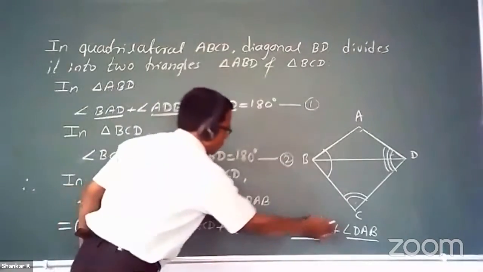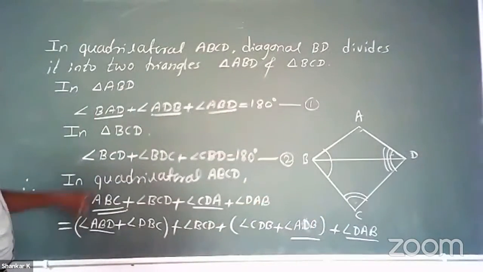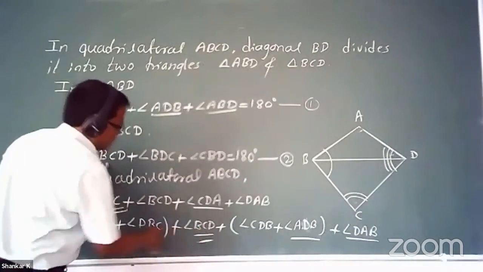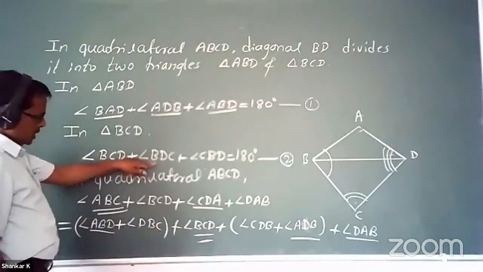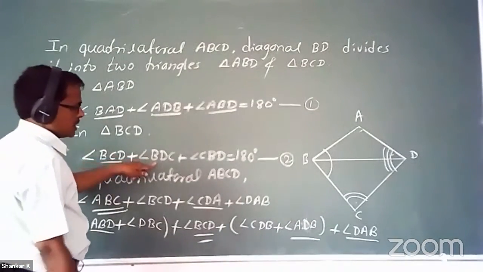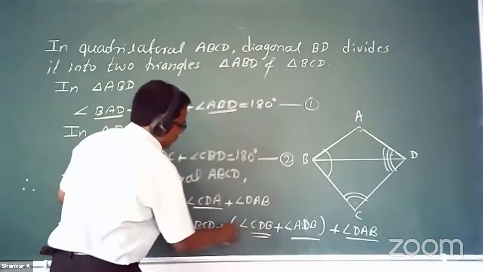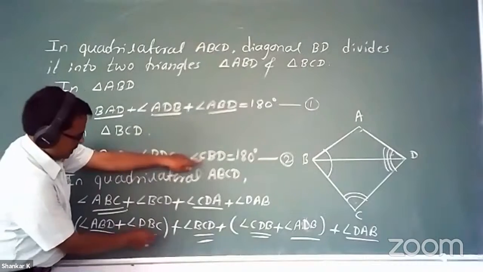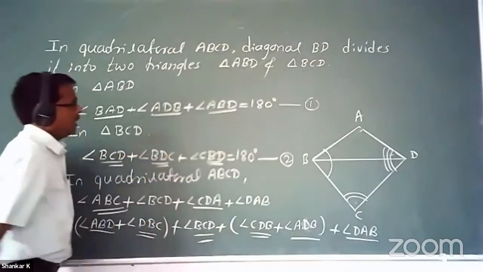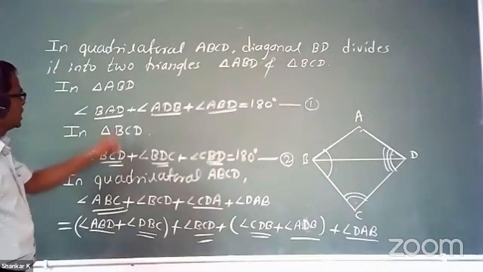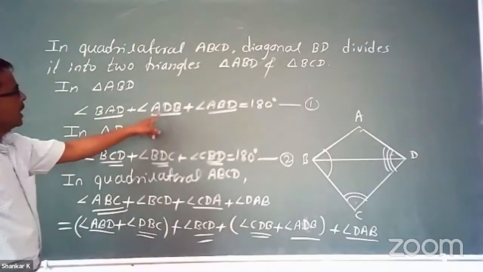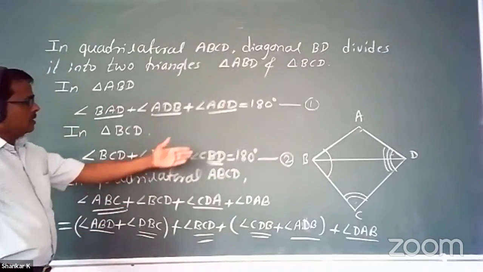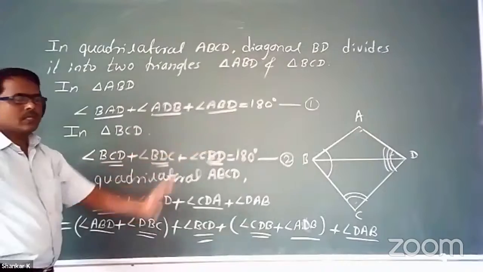Then the second equation: BCD, where is BCD? Here. BDC, here. Then CBD here. So BAD plus ADB plus ABD is 180. This is 180. 180 plus 180 becomes 360.